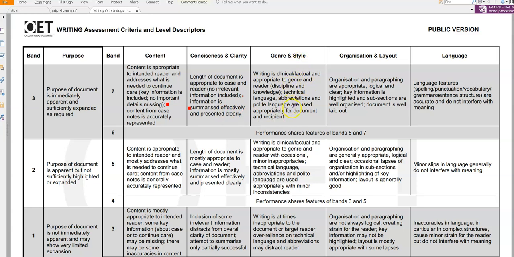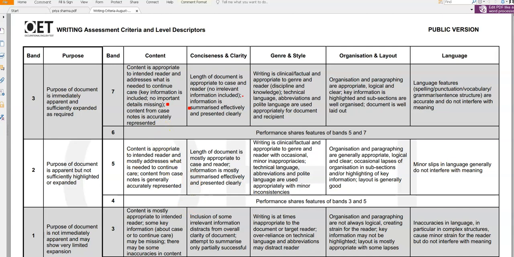This is the language used to the reader. Is it appropriate or not? Organization, that's quite important. Language features, of course. Okay, so for a B 350 plus, you need 2 55555. So this is basically B 350-ish, 350 plus.